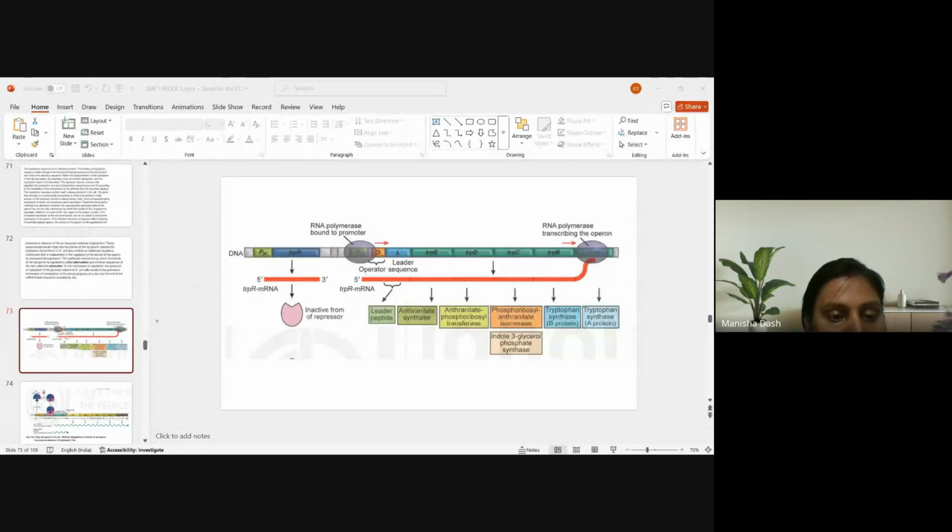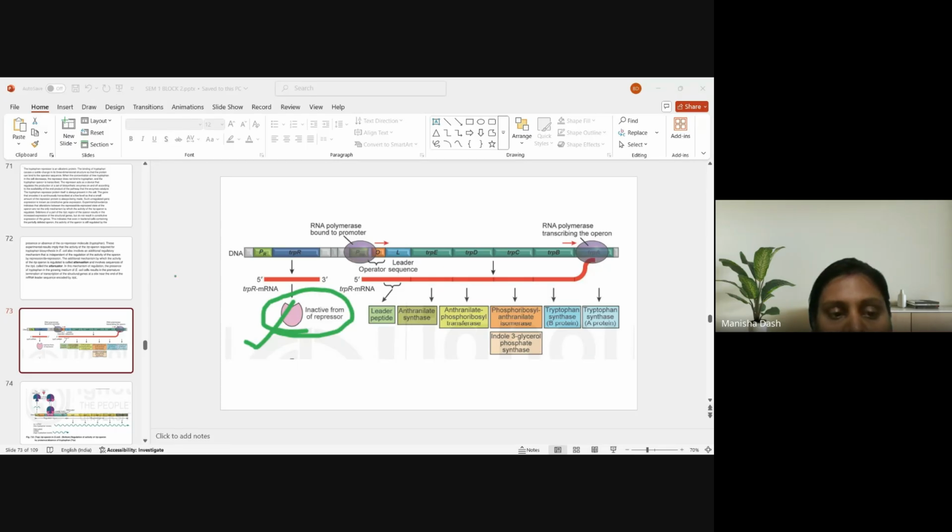Like there is also an operator region, and the inactive form of the repressor. Okay. So in case of lac operon, what was happening? In absence of lactose, the repressor was remaining bound to the operator region. But here, in case of tryptophan operon, in absence of tryptophan, this repressor is actually inactive. So it is not bound to the operator.